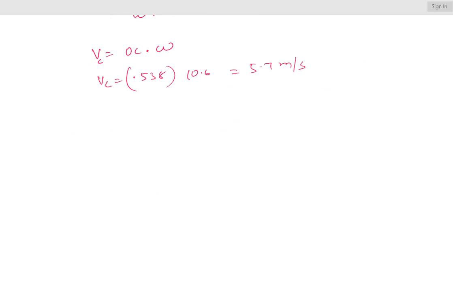That's VC. VB is OB times omega. OB is 0.706 meters, which is 706.4 millimeters rounded, times again 10.6. You get 7.5 meters per second.